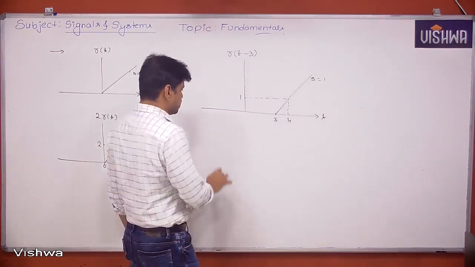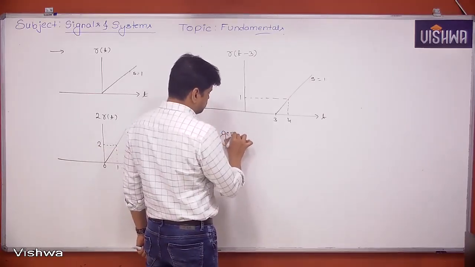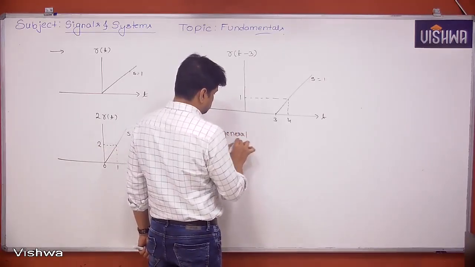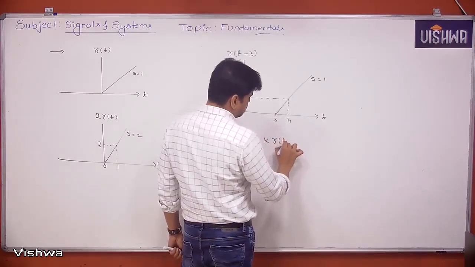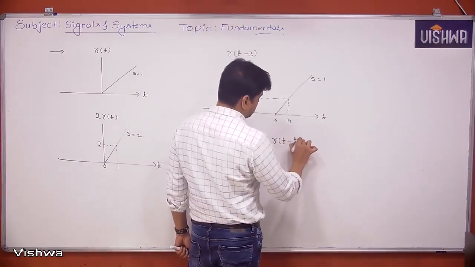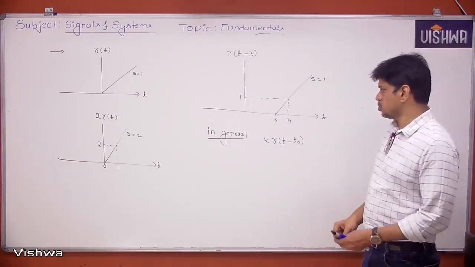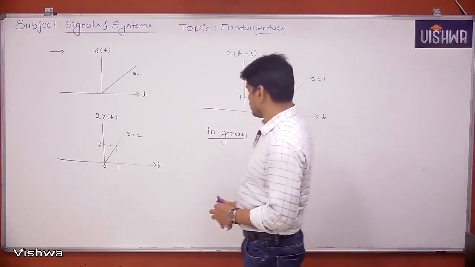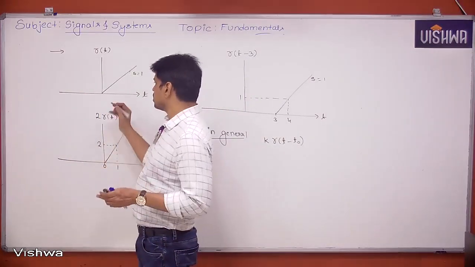So in general, k r of t minus t naught is given. What it will do? So first try to understand this one. R of t, what it is doing?